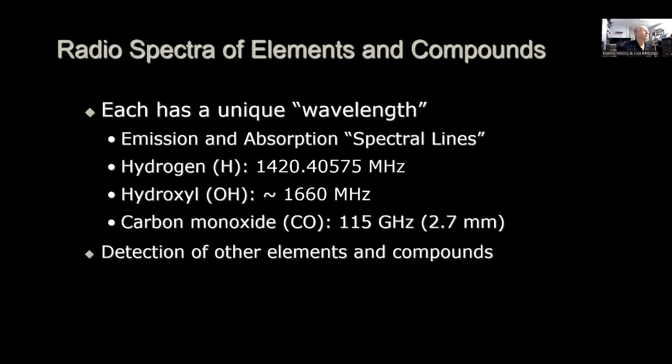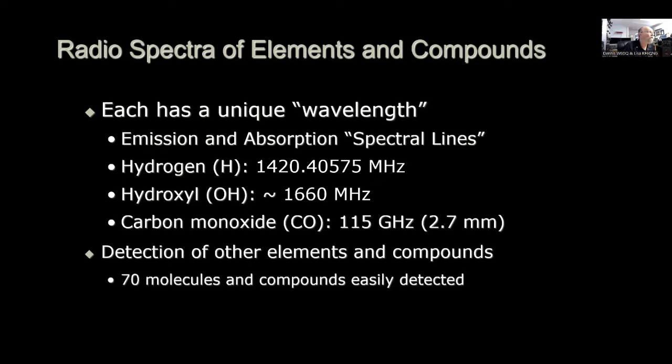There's lots of elements and compounds in the universe. As of the time I did this presentation, it's been a few years, I haven't checked to see if this has changed. It may have changed in recent years. But so far, with radio astronomy, we've detected 70 molecules and many compounds in the universe.